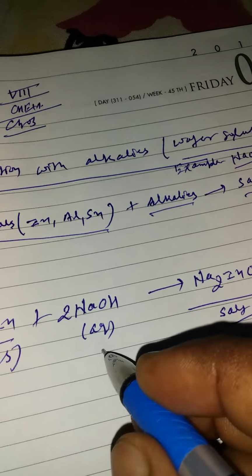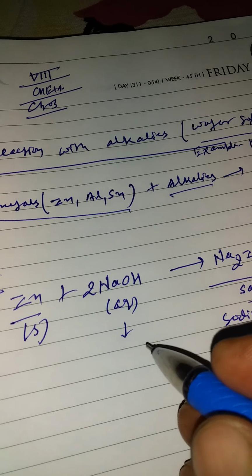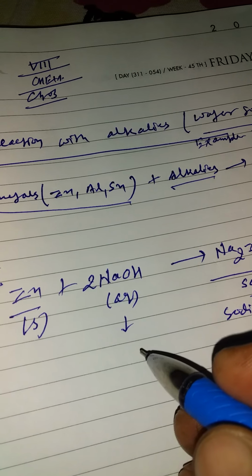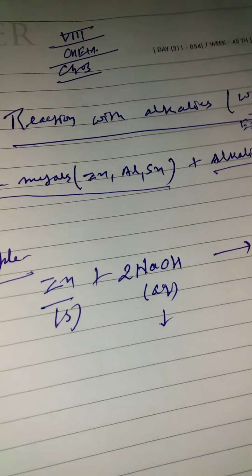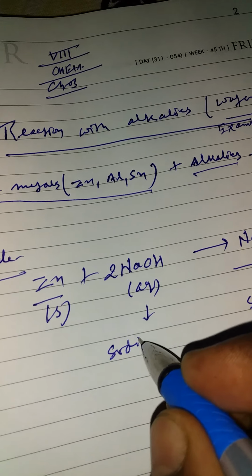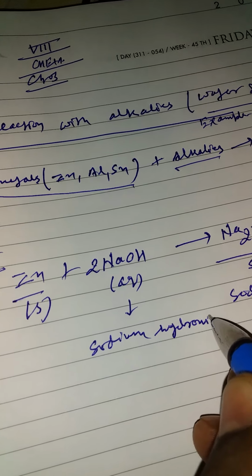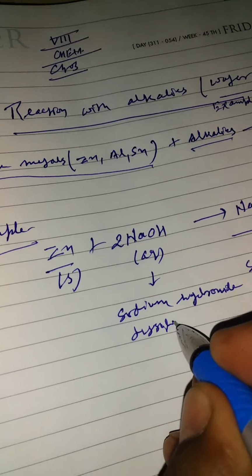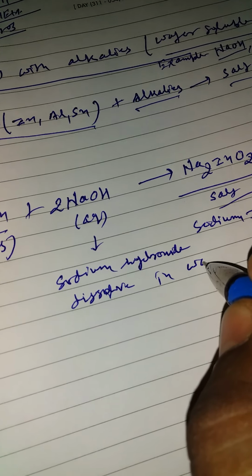This aqueous means it is solution form, and solution is the homogeneous mixture, and homogeneous mixture means mixture having uniform composition. That means sodium hydroxide dissolve in water.